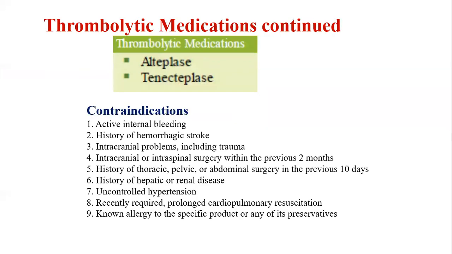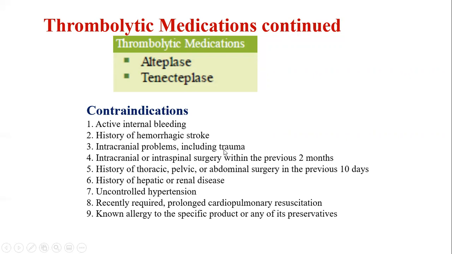So now here is the example of thrombolytic drugs, we use the antiplatelet, right. So contraindications of thrombolytic medication: active internal bleeding, or history of hemorrhage or shock, also intracranial problems including trauma.